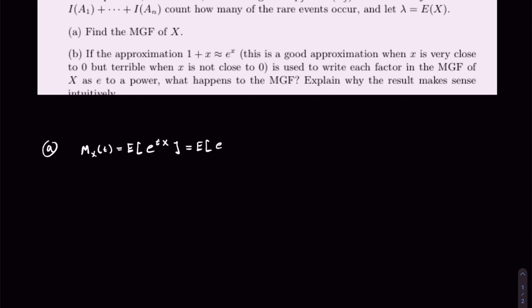Well, e to the t X is basically all these indicator random variables. So that gives e to the t times indicator A1 plus all the way up to indicator A n.